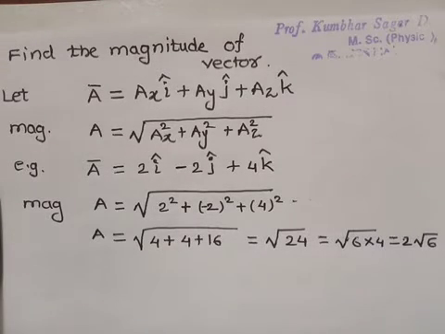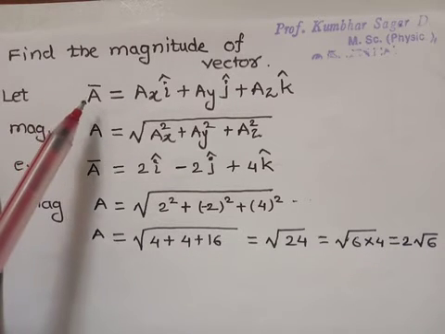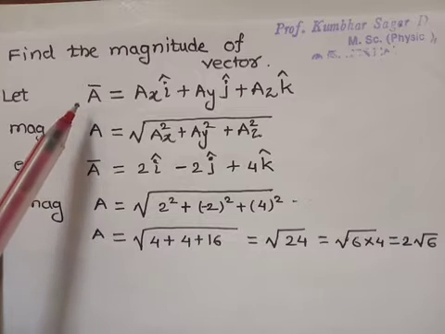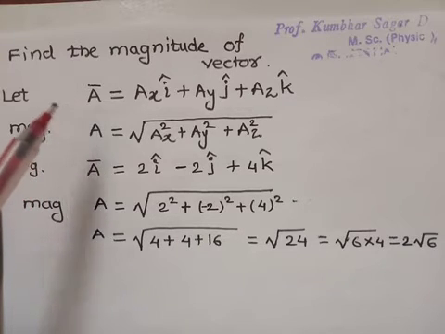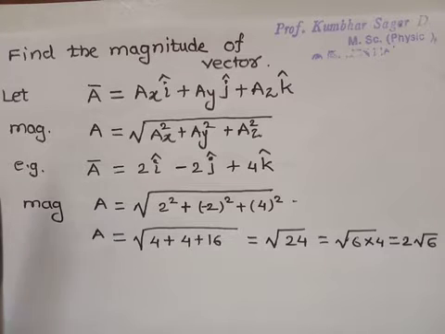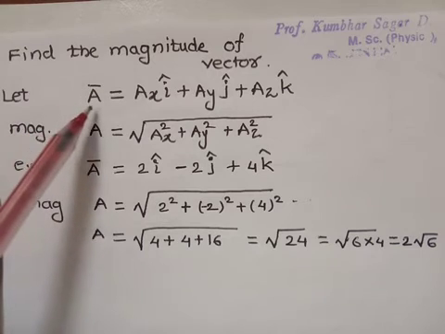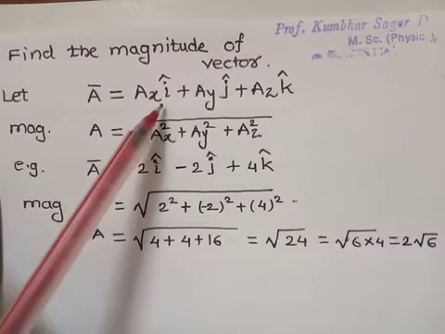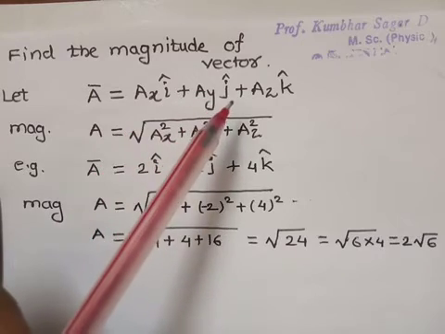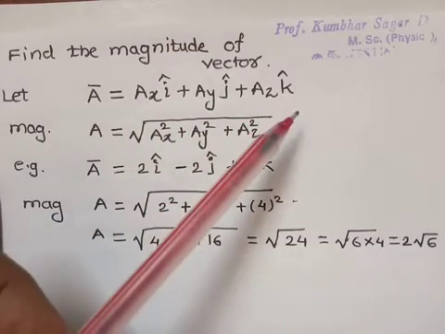Now we take one example to find the magnitude of any vector. Let A bar be a vector placed in a three-dimensional Cartesian coordinate system. In physics, any vector is represented as A bar equals Ax i cap plus Ay j cap plus Az k cap.